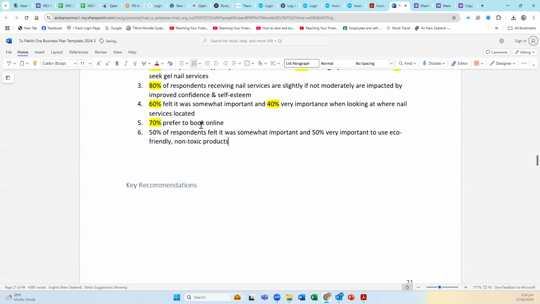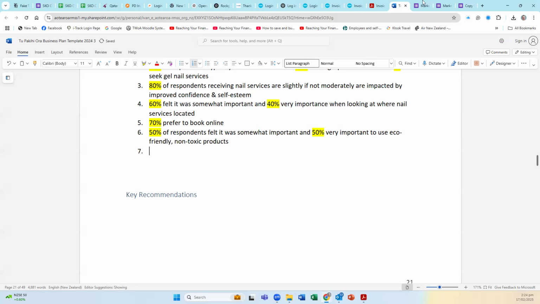So that means everyone felt it was at least somewhat important. That's why, when you're looking at the type of products you use to provide the service, that's rated quite highly.